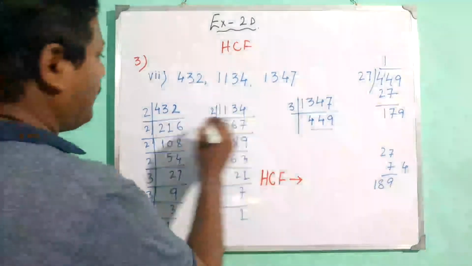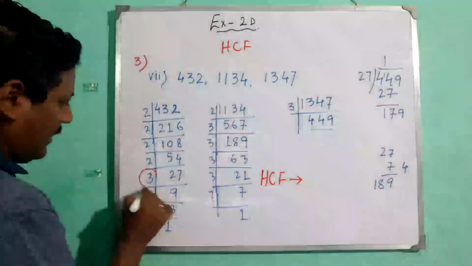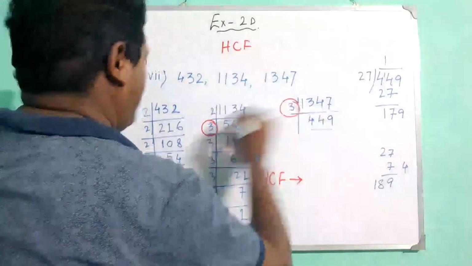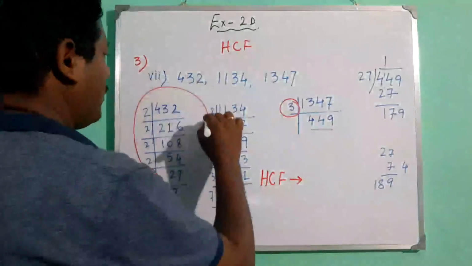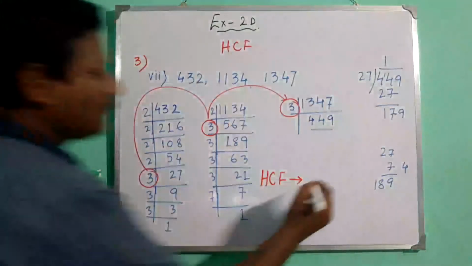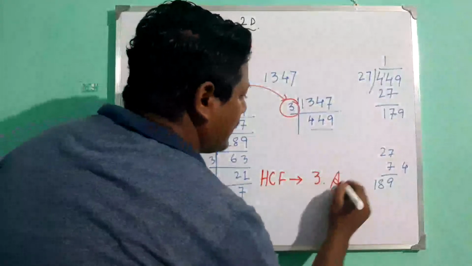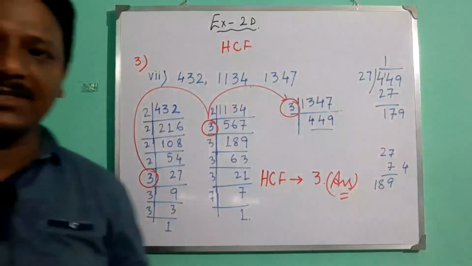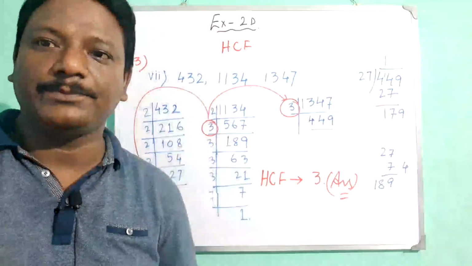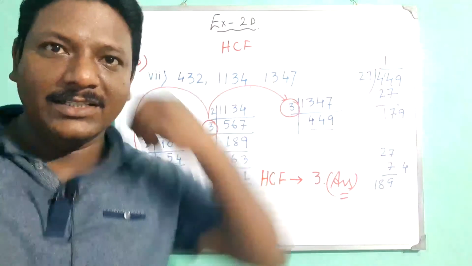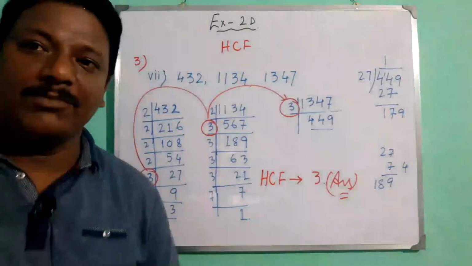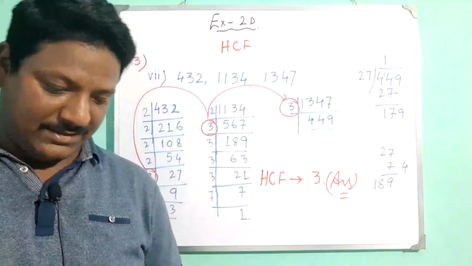The common one. What is common? 3 is common over here, and 3 is common over here. So what is common? 3. So HCF is 3. Now check the answer whether HCF is 3 or not. If HCF is 3, it means this is the correct answer.